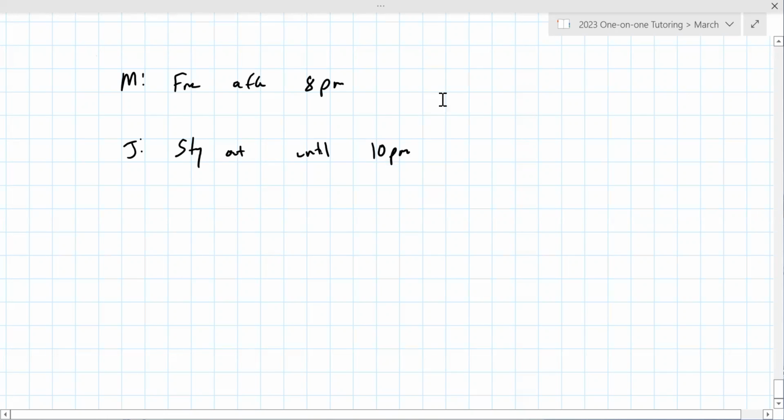What's the window of time you can hang out together? We can hang out from 8 to 10. Right. So this is like saying x is greater than or equal to 8 and x is less than or equal to 10. If this is 8 and this is 10, it's everything in between.